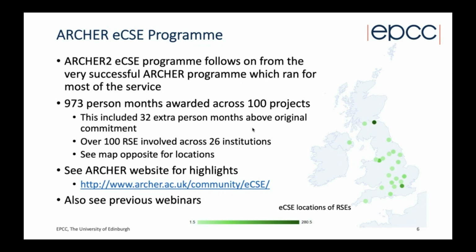I think that's about 81 person years, so quite a lot of effort across 100 different projects. That 973 person months also included 32 extra person months above our original commitment, and I'll say in a minute a little about how that came about, or how that might come about again.